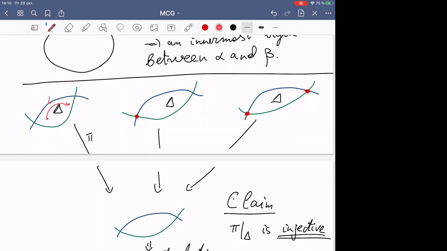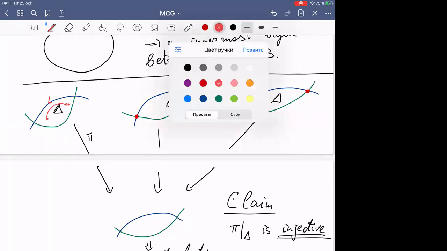This point can be either on the boundary or inside. And now we should consider several cases.